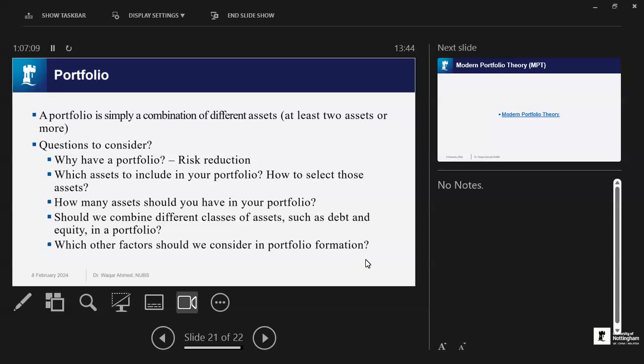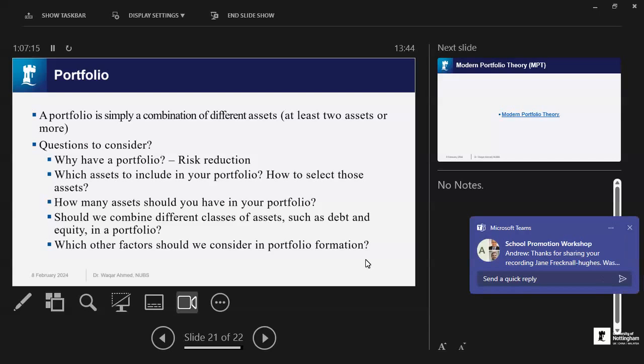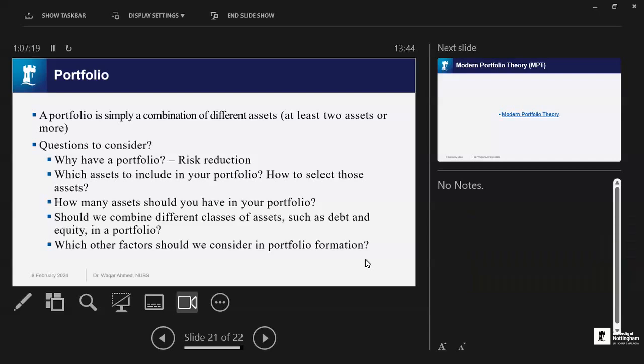The next question is, should we combine different classes of assets, such as debt and equity, in a portfolio? Or should we just keep the portfolio pure with a particular class of assets? And besides these, are there any other factors that we need to consider when creating a portfolio?